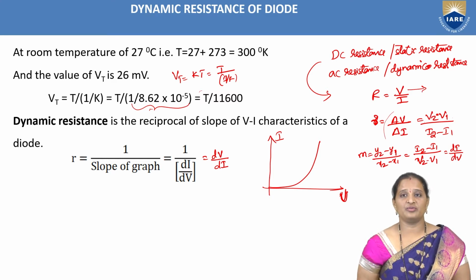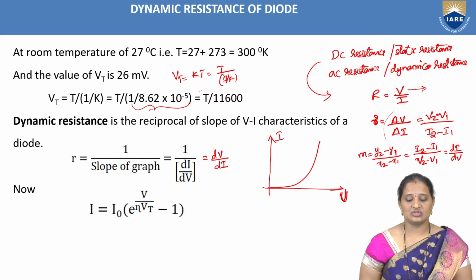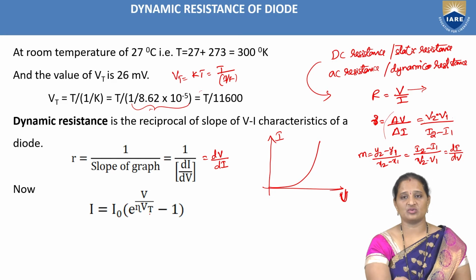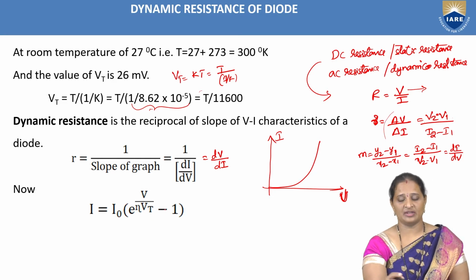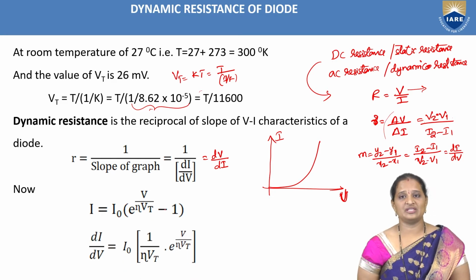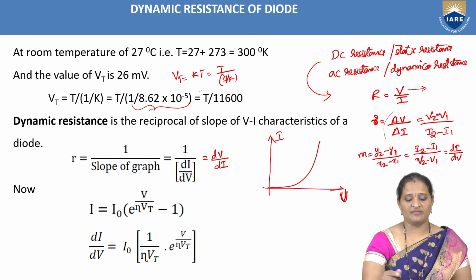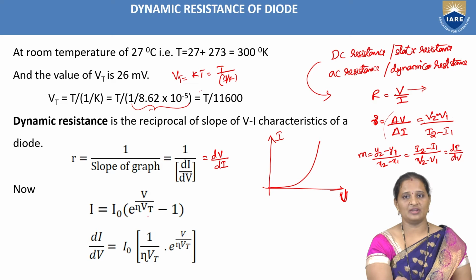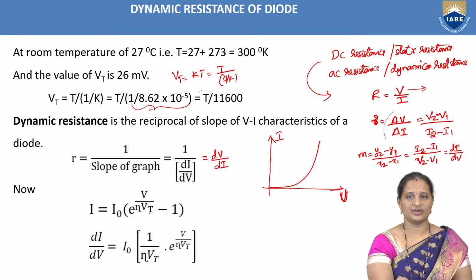Now we are going to derive an equation for dynamic resistance. Take the current equation, I equals I naught into e power V by eta Vt minus 1. Differentiate this with respect to V. I naught is considered to be constant, so we cannot differentiate it. e power V by eta Vt is a function of V, so we have to differentiate this with respect to V. Differentiation of e power x with respect to x is e power x only.